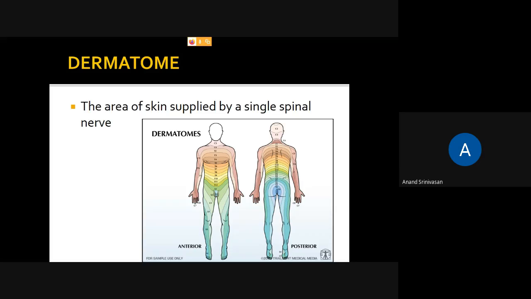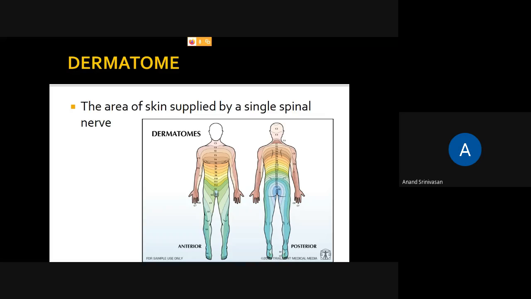We have seen it: 8 cervical, 12 thoracic, 5 lumbar, 5 sacral, and 1 coccygeal. Each of these spinal nerves will supply a certain area of the skin. So the area of the skin supplied by a single spinal nerve is called a dermatome.